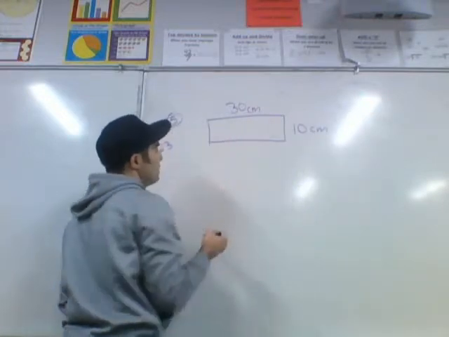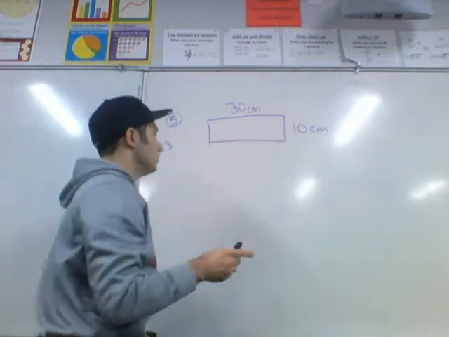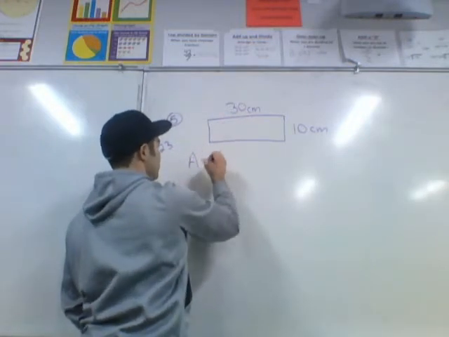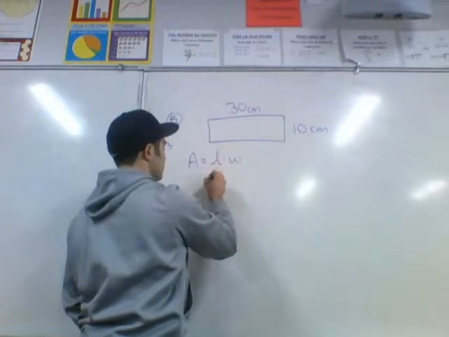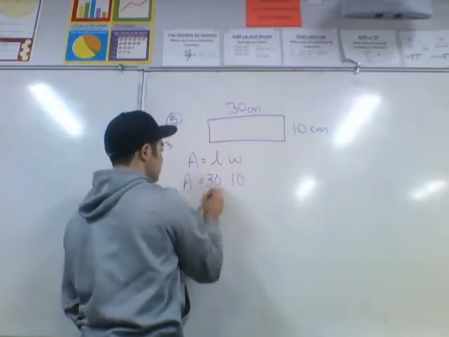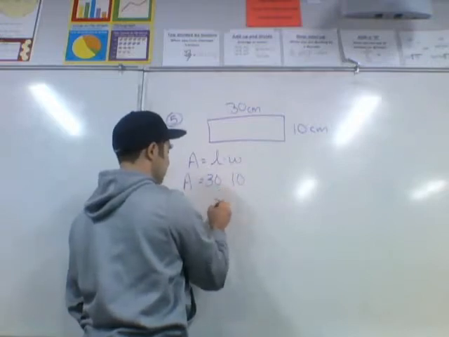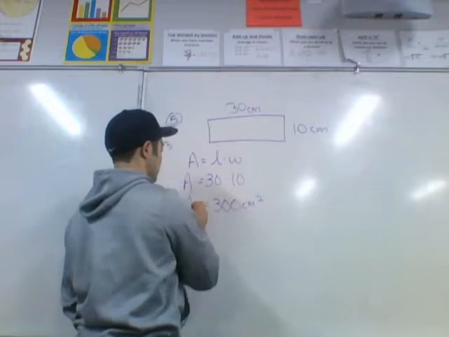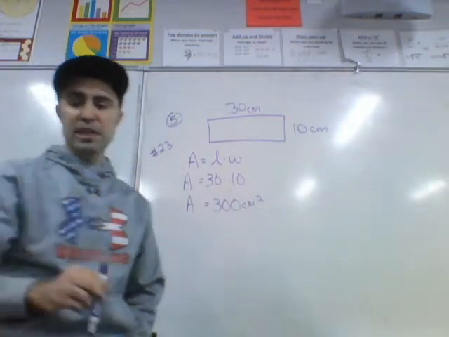Then it says find the area of this rectangle. Okay, so area is equal to length times width. So this is 30 times 10, which is very easy to do. 30 times 10 is going to be 300 centimeters squared. That's your area. But there's a catch to this.